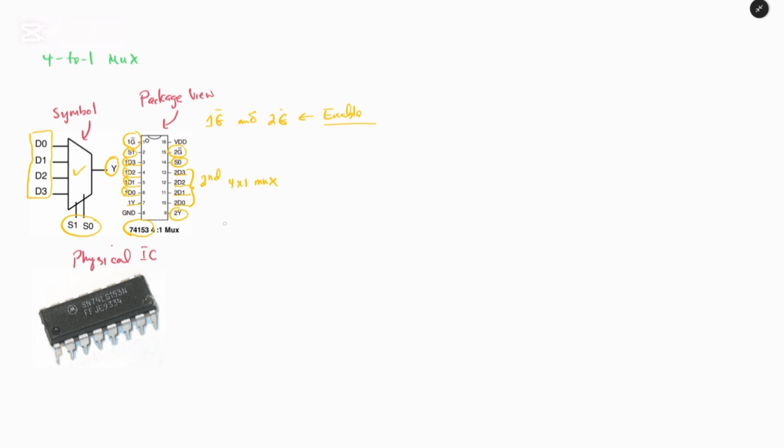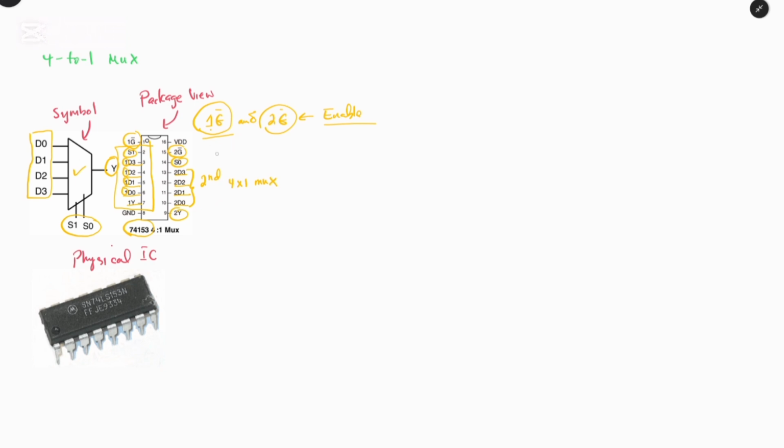So if we want to enable only one of the multiplexers, such that if we activate 1G, that means this set of multiplexer will be in operation. And when we enable this one and disable 1G, that means we enable the second 4 to 1 multiplexer to operate.